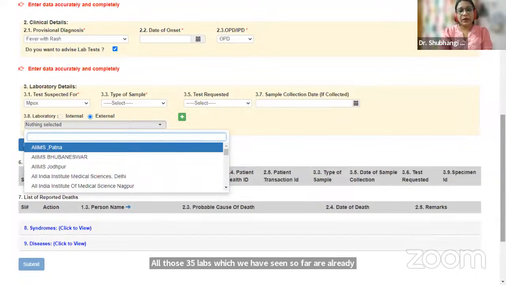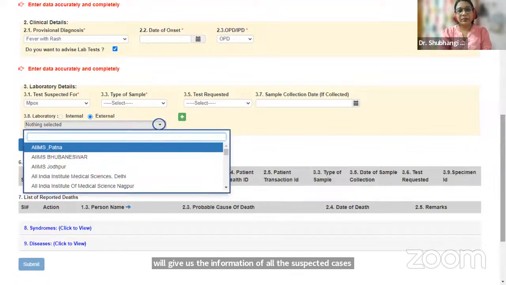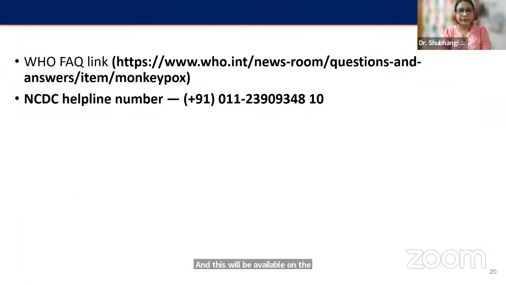So the PFORM user, any doctor seeing suspected cases, can link the patient for testing to the 35 designated labs. This will give us information on all the suspected cases referred for diagnosis, and it will be available on the IDSP IHIP portal. Next, please. These are the links for the FAQs, and the NCDC helpline number is given here for any further questions. Thank you. This was my last slide. Thank you.